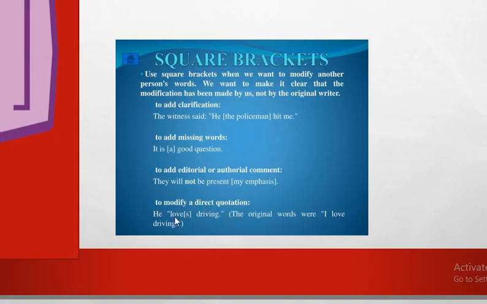Here modification is used. Originally it was written love, and after modification, correct, he loves driving. The original words were I love driving.